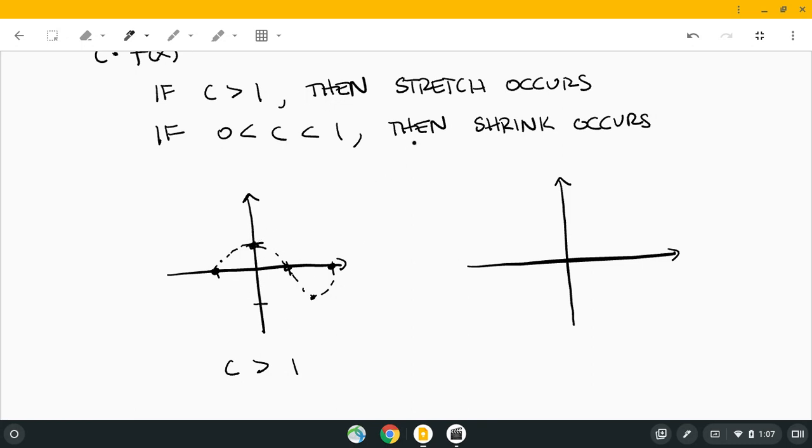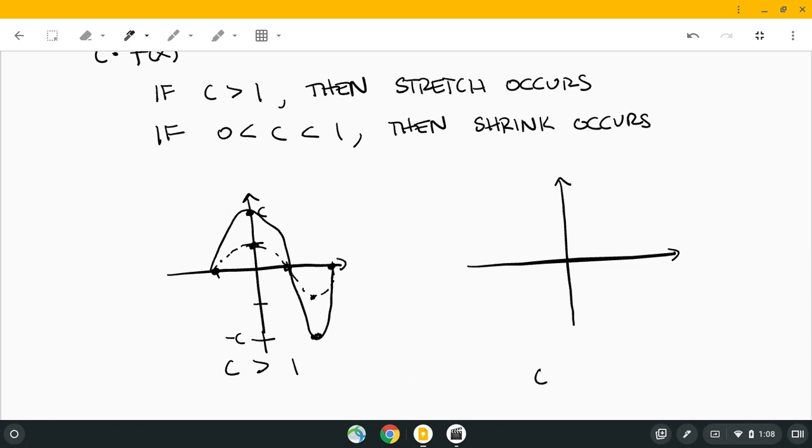So now whatever that C value is, and this is now negative C, this goes down here, that goes up there, and we see this sort of vertical stretch.